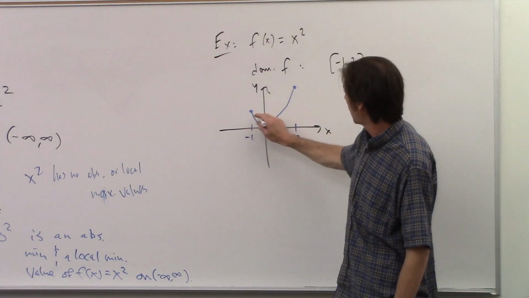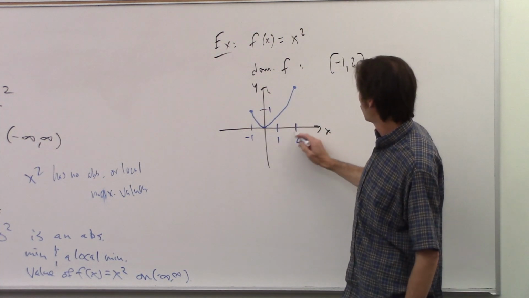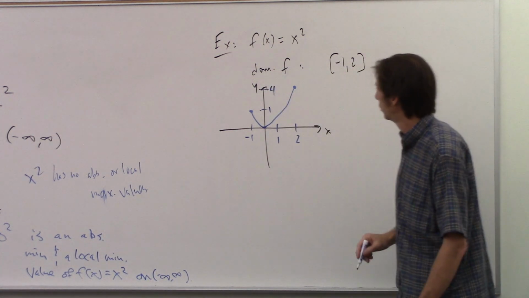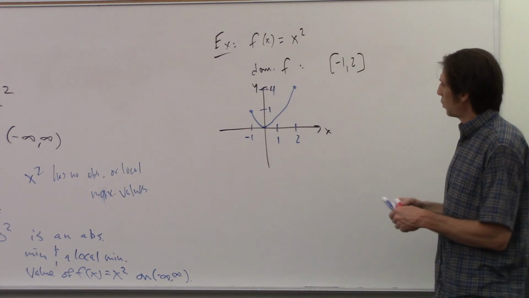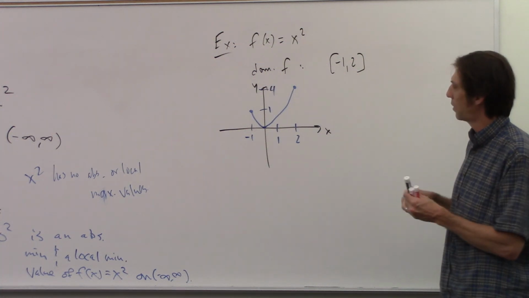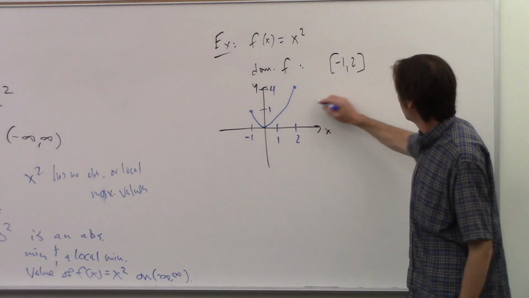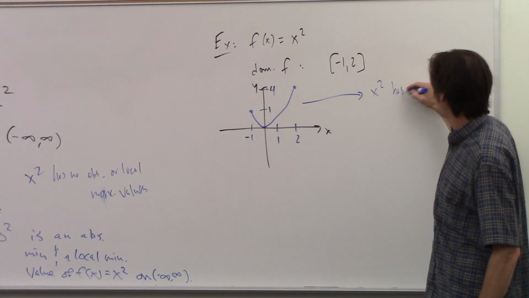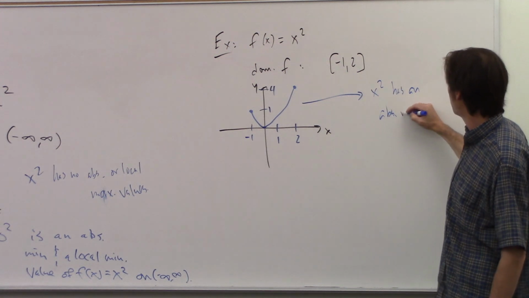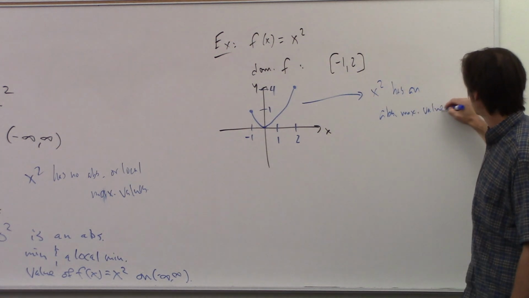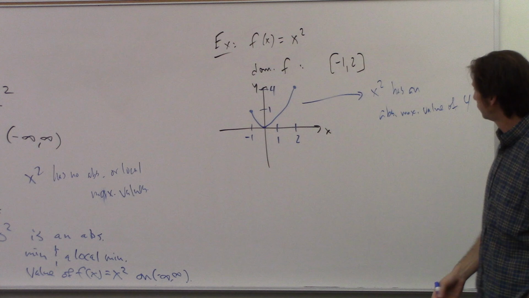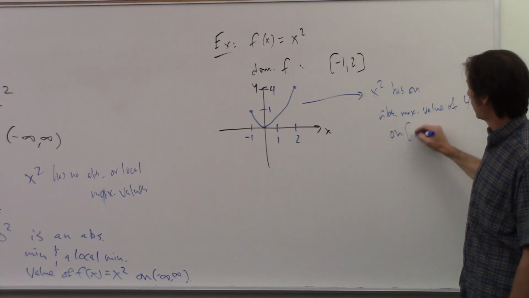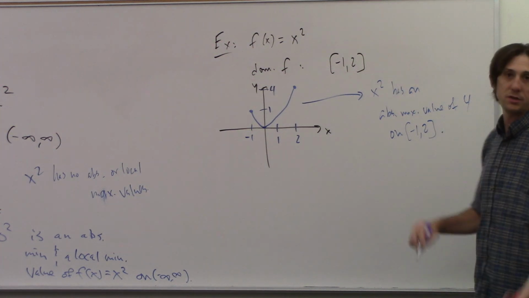I know that the height at -1 is 1, and if I were to plug in x equals 2, the height at this other endpoint is 4. And so what can we say about the function in this case? Here, x squared has an absolute maximum value of 4 if we're only on the interval from -1 to 2.